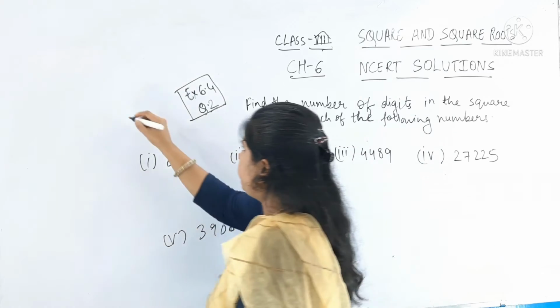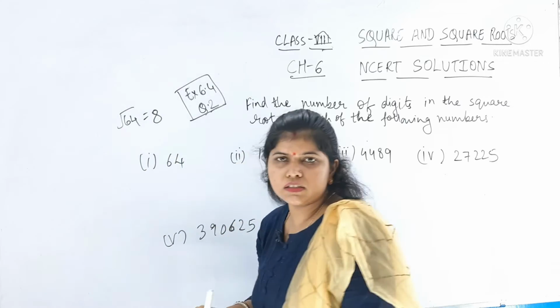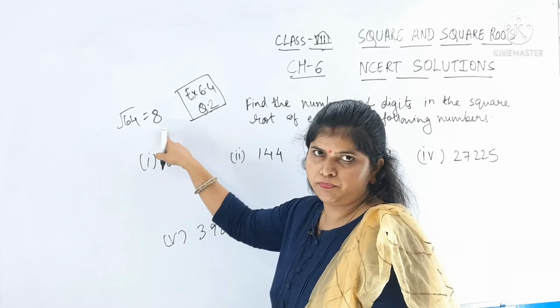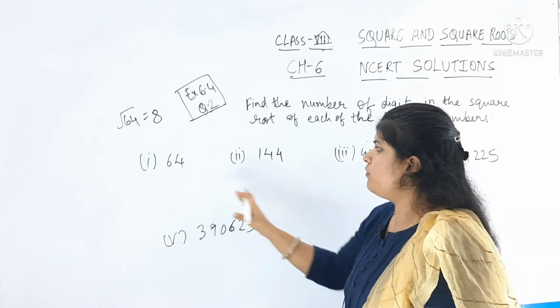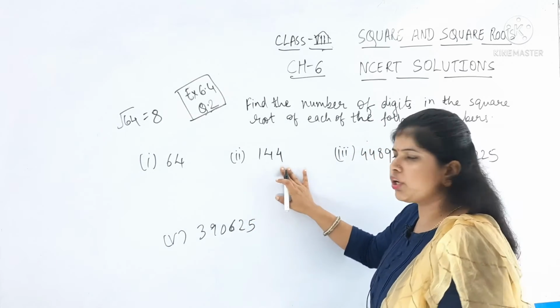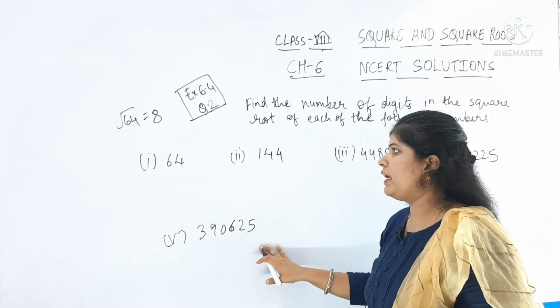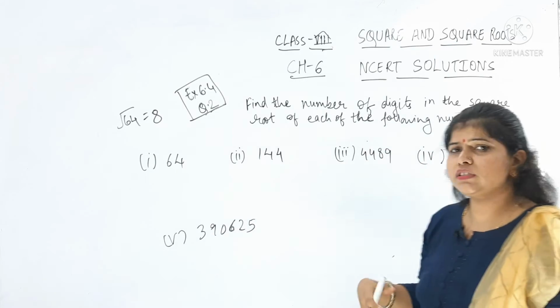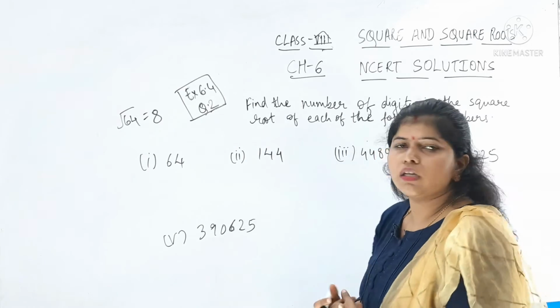If it is 64, we know that its square root is a single digit. But how do we calculate the number of digits? We know under root of 64, but under root 144 is a larger number. So how can you tell whether the number of digits is 1, 2 or 3 in the given number?